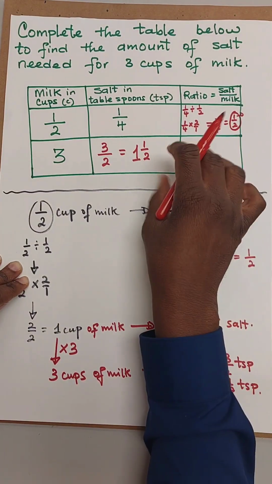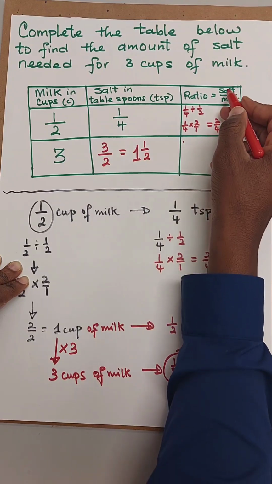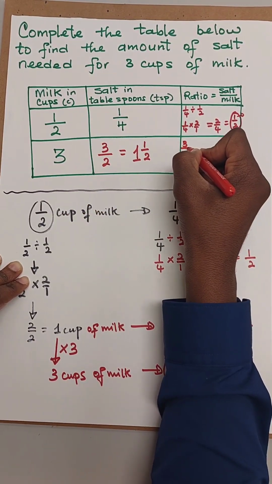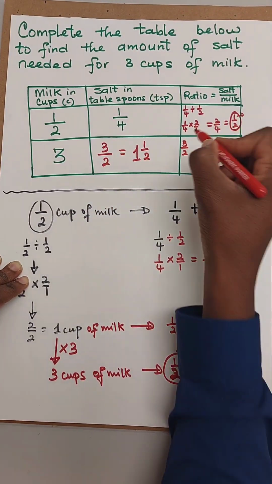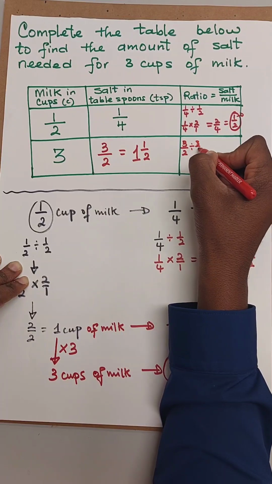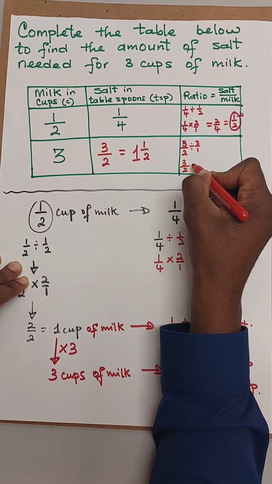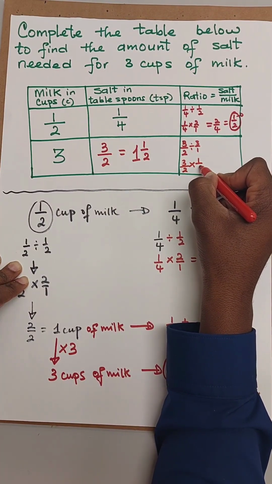Let's find out if the ratio is the same here. Here we're going to be dividing. Our salt is 3/2. This helps us to know if we had the correct answer of 3/2 here. Let's divide it by 3/1. Remember, when we divide, keep the first one the same, change that to multiplication, and multiply by the reciprocal.